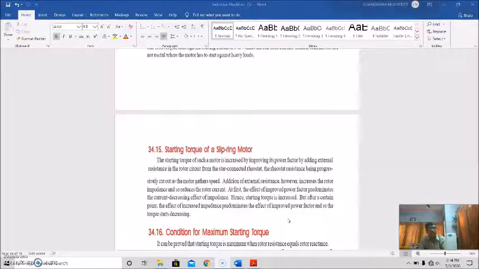At first the effect of improvement of power factor predominates over the current decreasing effect of impedance, and hence starting torque is increased. But after a certain point, the effect of increased impedance predominates over the effect of improved power factor, and so the torque starts decreasing.